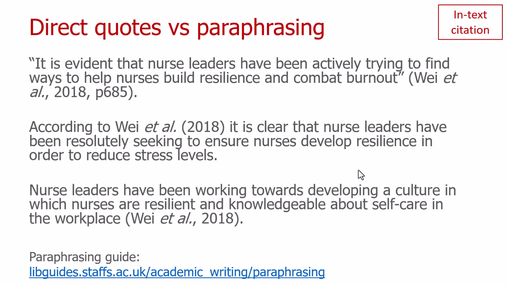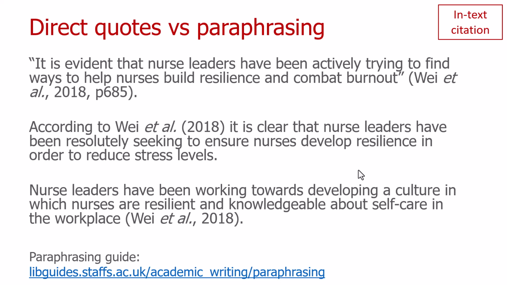The other way to do it, though, without having to rely on a phrase like "according to", or "so-and-so stated that", or "research by so-and-so indicates that", is to not use a phrase like that and completely put it into our own words, like the third example. And in this case, we would put the author's name in the brackets with the date because we're not mentioning them in the sentence.